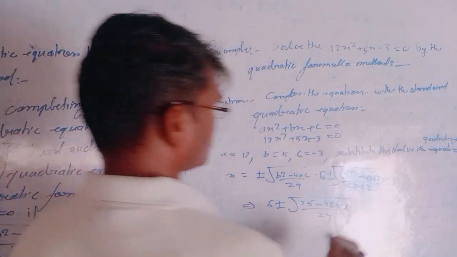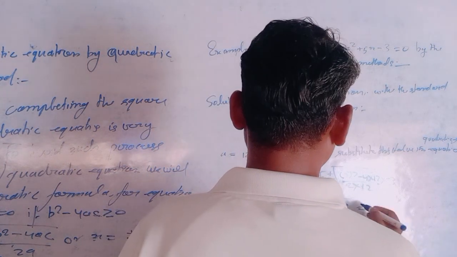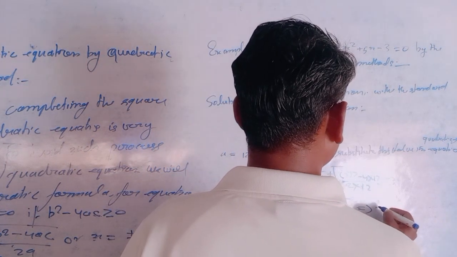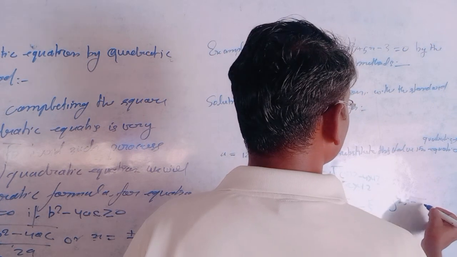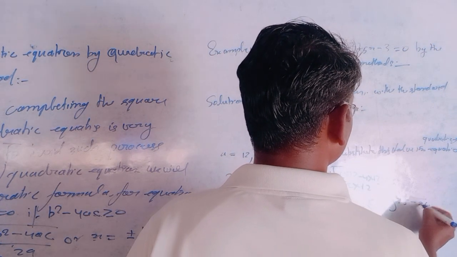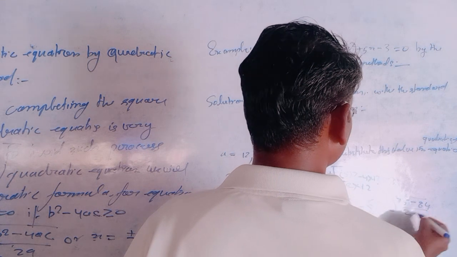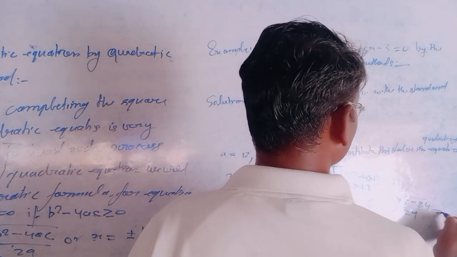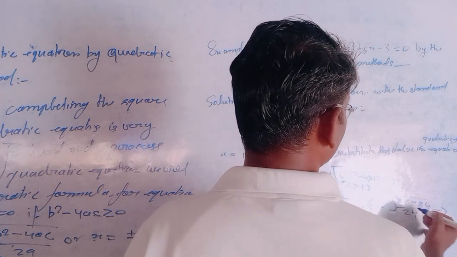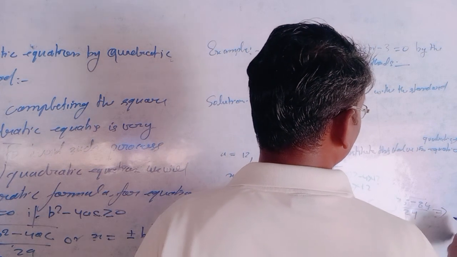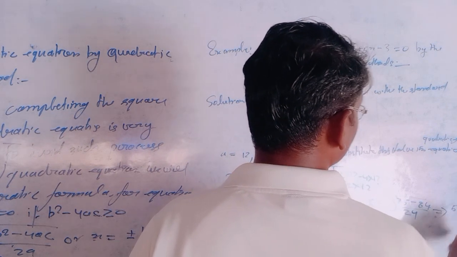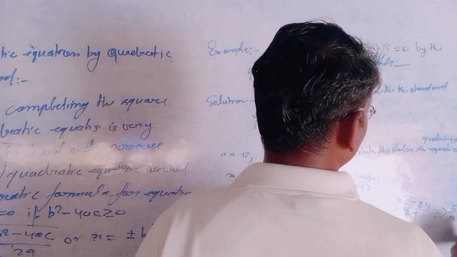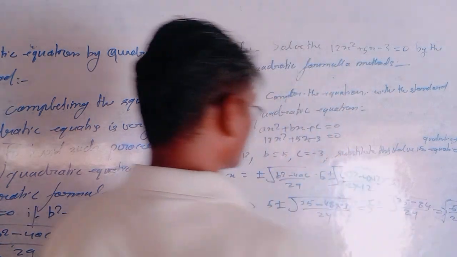Further we will solve: minus 5 plus minus under root 25 plus 144 by 24.